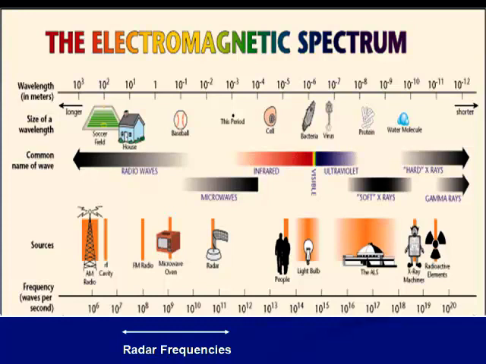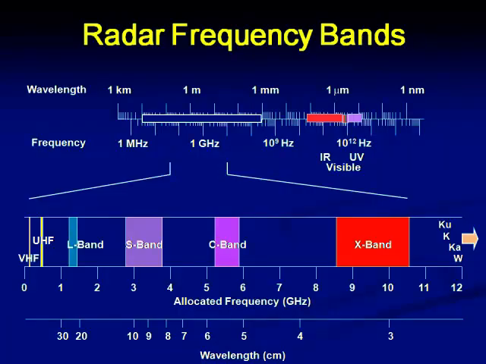Within this, again, all the frequencies are not being used because they have been allocated separate jobs. So within this huge amount of range, certain frequencies are only used for radar applications. So you can see in the diagram what are those specific frequencies meant for different types of radars.